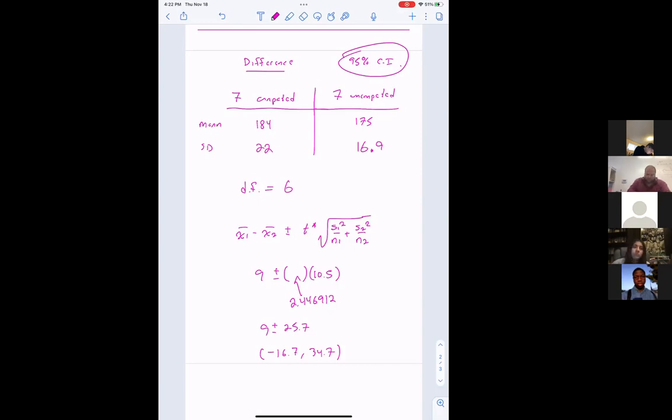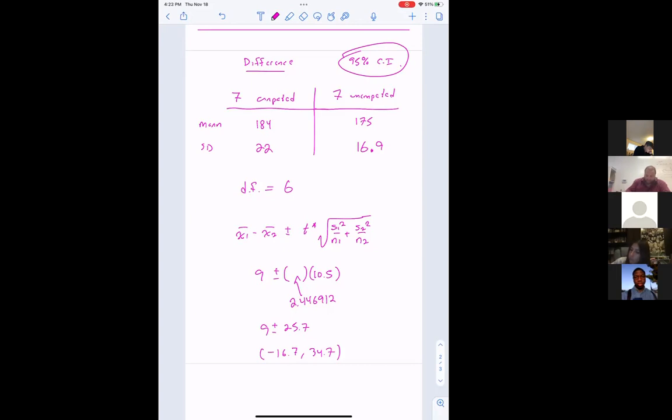Now, if we do it on a calculator, I'm going to do it right now. I'm going to go to second, stats, tests. We're looking for a confidence interval. This is a 2 sample T interval. My X1 bar is 184. My SX is 22 with 7. My X2 bar is 175. My SX 16.9 also with 7. 95% confidence.